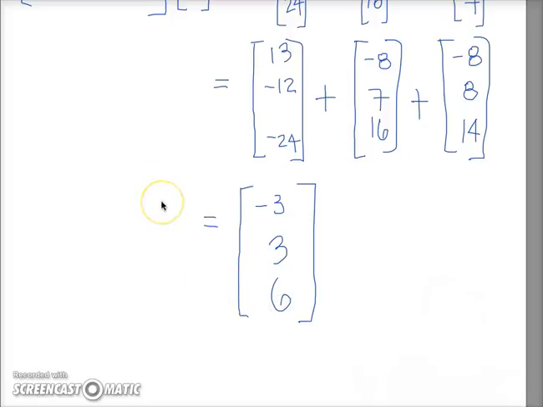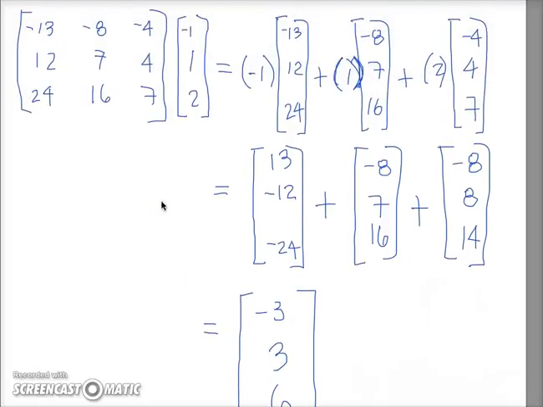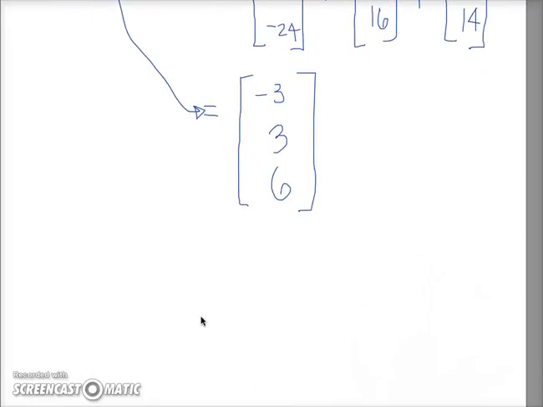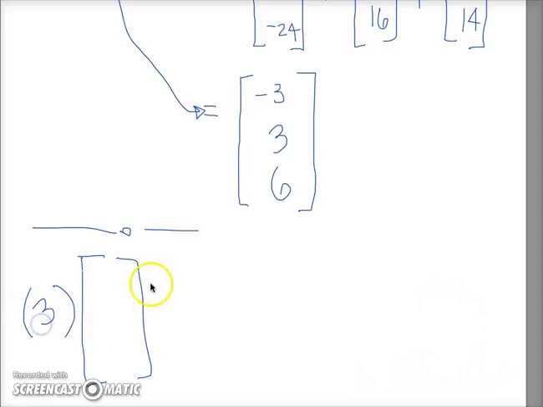So as far as the left-hand side of that verification, by multiplying the matrix times the vector, we obtain this vector. Now we'll work with the other side. We multiply the vector times the scalar, which in this case is 3, and the vector is minus 1, 1, and 2.